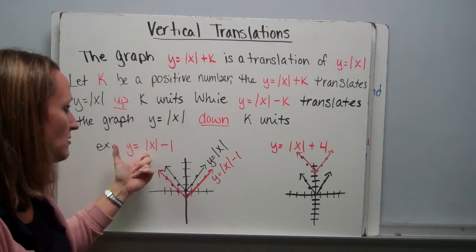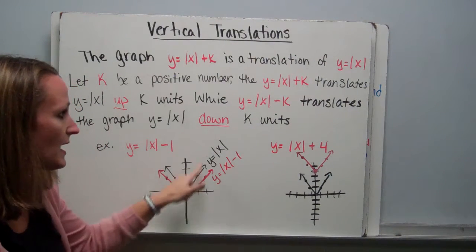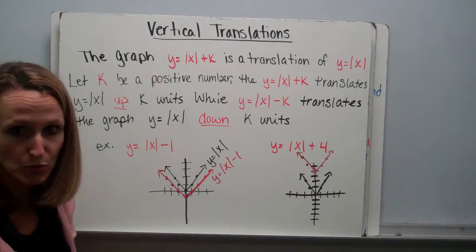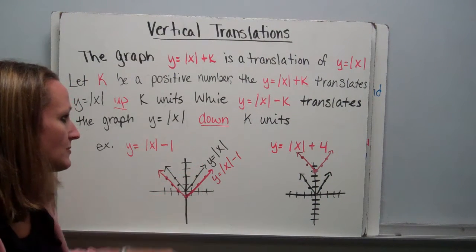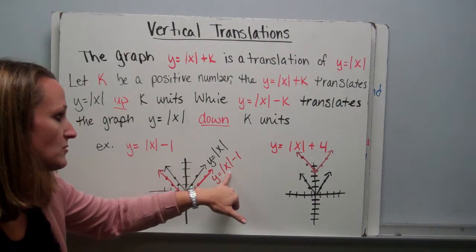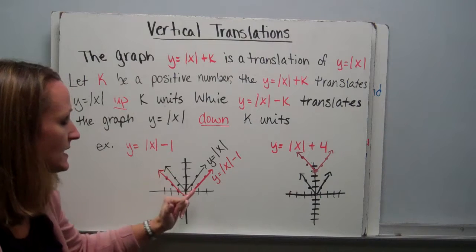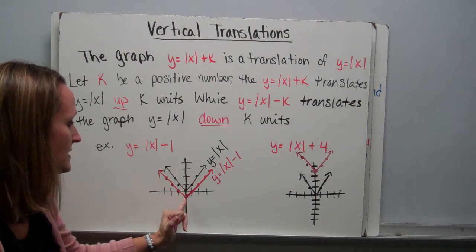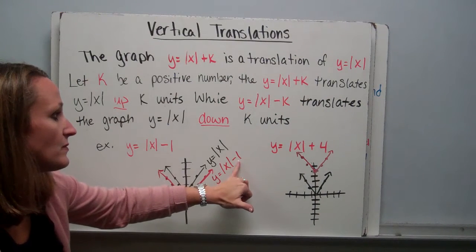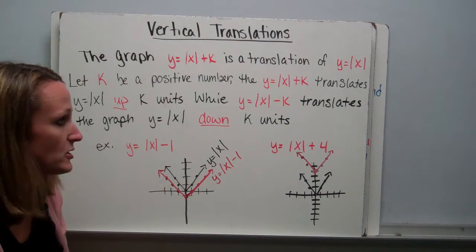y equals absolute value of x minus 1. So the black represents our original shape or our pre-image, just y equals absolute value of x. Now the red represents y equals absolute value of x minus 1. Notice that it's still a V, all I've done is move it down 1 unit. I didn't go left or right because that's all my equation told me to do.